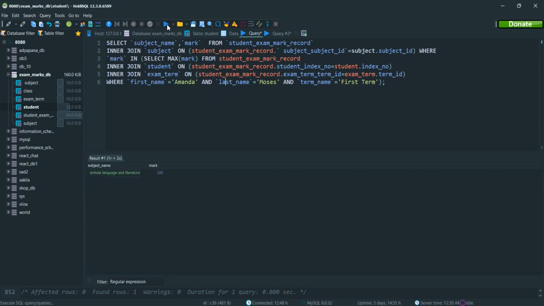Now let's execute and see the result. Here you can see the subject name along with the mark corresponding to the name. Here we have used the max, or maximum, function to get the highest number.